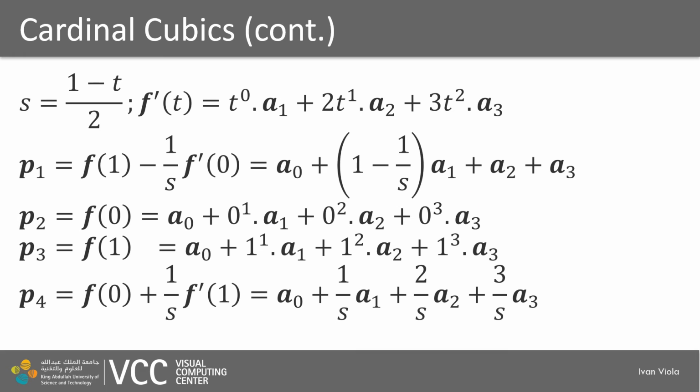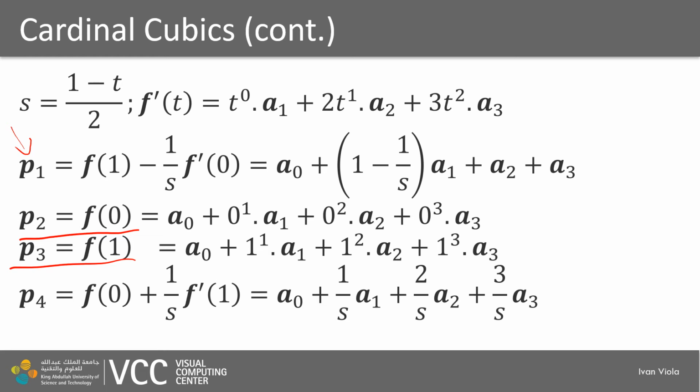These cardinal cubics are a little bit more difficult to define the control points. The reason is that, for the position, there is no problem. P2 is easy to define, and P3 are just the positions at the endpoints.